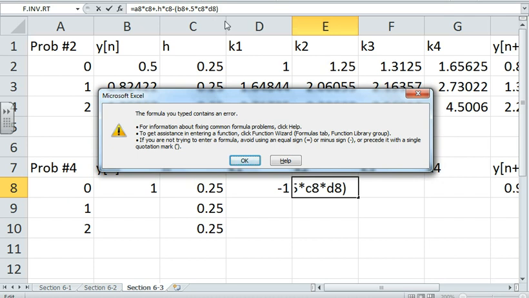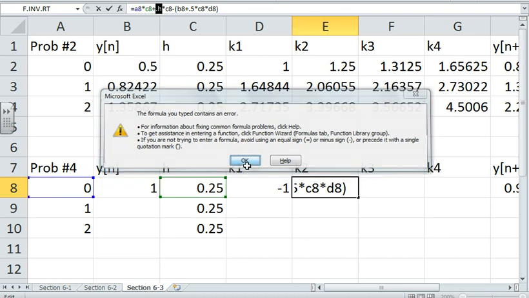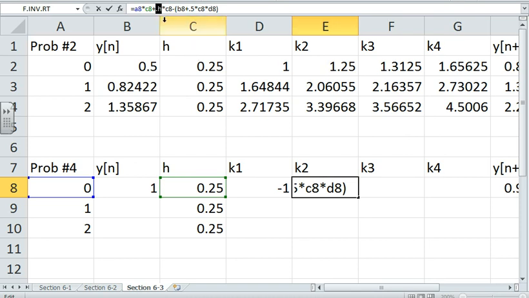What did I not do? The formula you type contains an error. Oh, I see. What is this H doing here? So it's A8 C8 plus 1/2, so that should be a 0.5 C8, minus B8, plus 1/2 C8 D8. Okay, I think that's right.